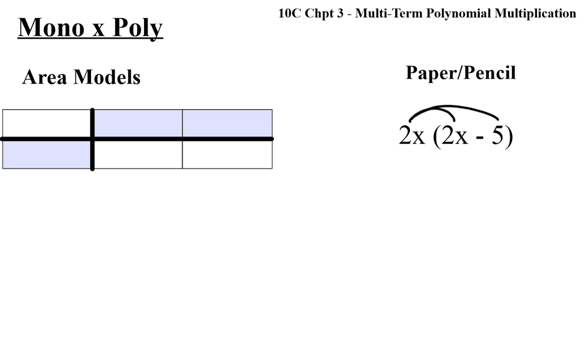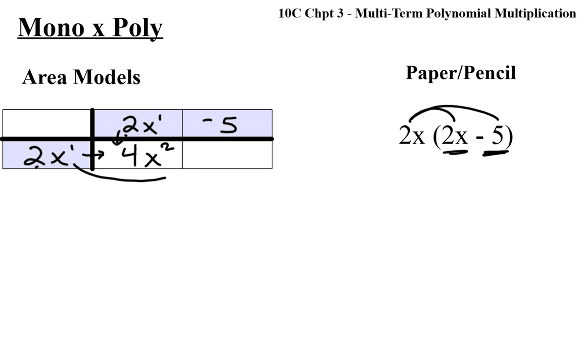If I want to use the area model, there's my 2x, and it's being multiplied by 2x and a negative 5, the two terms in that binomial. The area model tells us to do 2x times 2x: 2 times 2, multiply my coefficients, x times x is x squared.